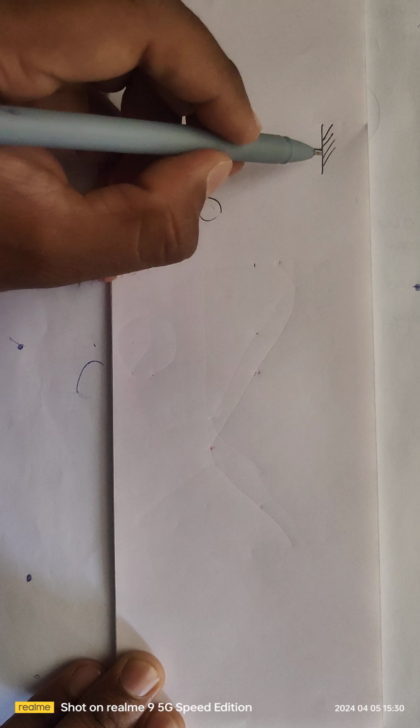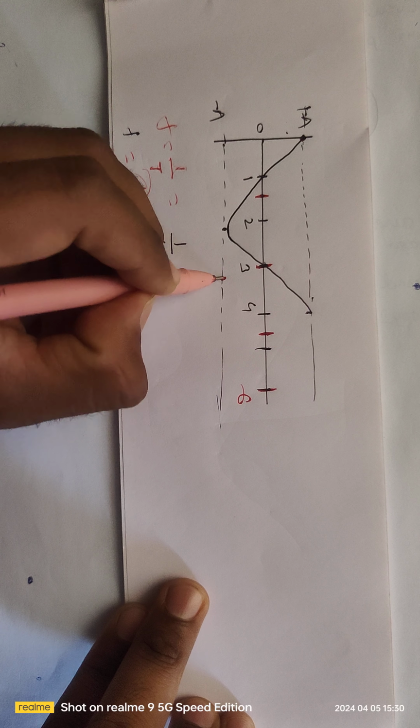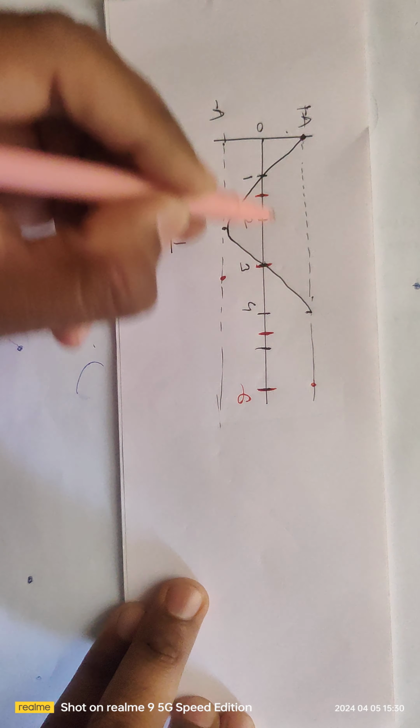Now it is 1.5, 3, 4.5 and 6. So our oscillations will become like this. For the second case, 3, 4 and 5.